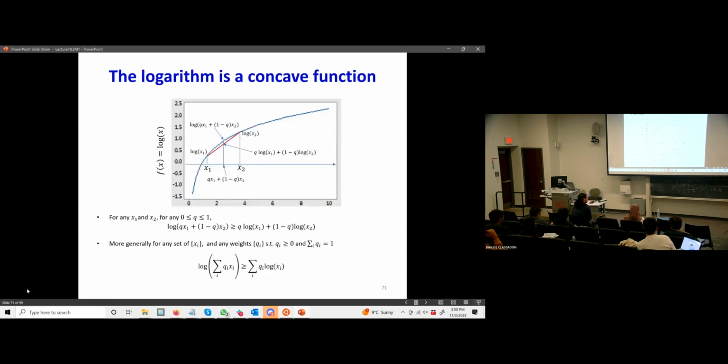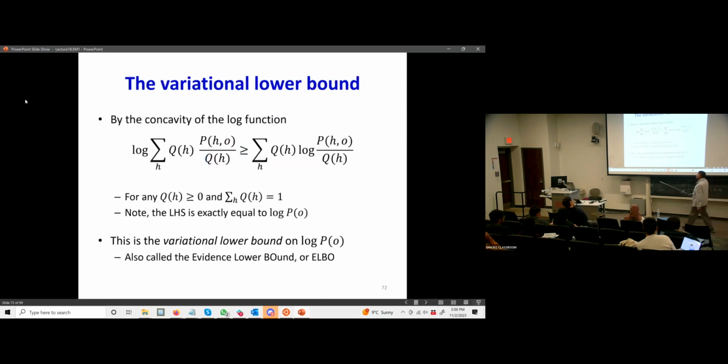And that's all we need to know, right? So once I know this, I can generally say that the term to the left, which is simply the log of the probability of the observation, log of P of O, is going to be lower bounded by summation over H of Q of H times log of P of O, comma H, divided by Q of H, so long as the Q's are all non-negative and sum to 1, right? Any questions about this?